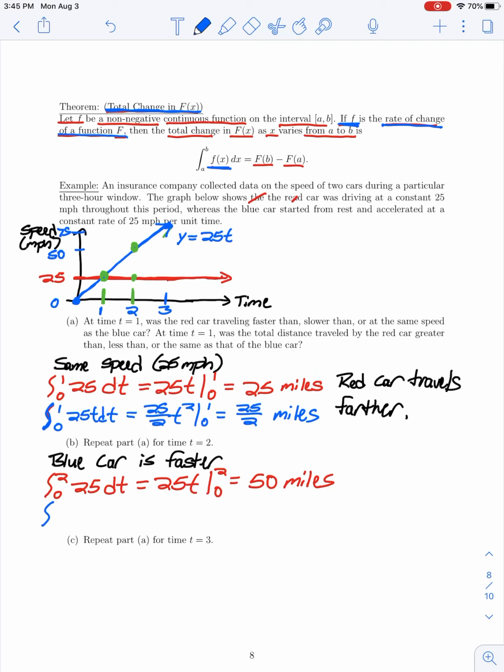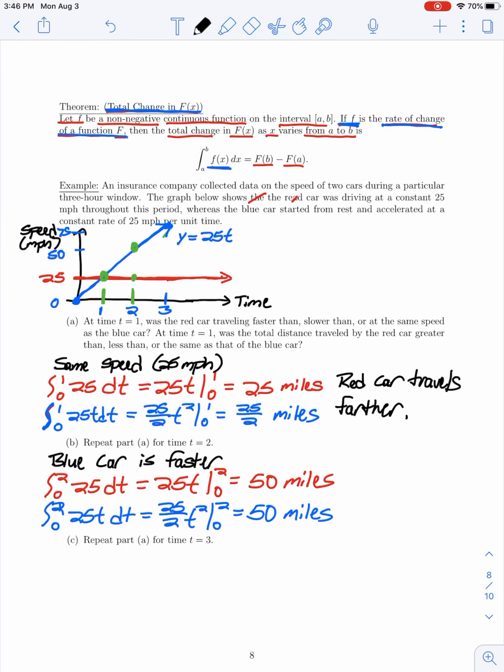And the total distance traveled by the blue car would be the integral from 0 to 2, since we're considering the first 2 seconds, of 25t dt. So again, we would have 25 over 2 t squared from 0 to 2. So evaluating at t equals 2, we would have 4 times 25 halves, or 100, divided by 2, which would be 50, minus, when we evaluate at t equals 0, we have 0. So subtracting 0 from 50, we're left with 50 miles.